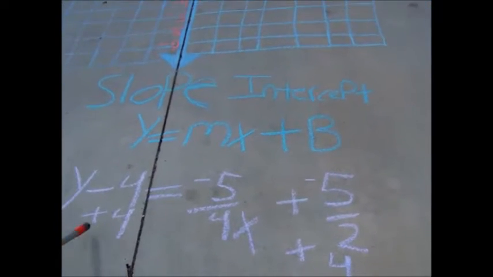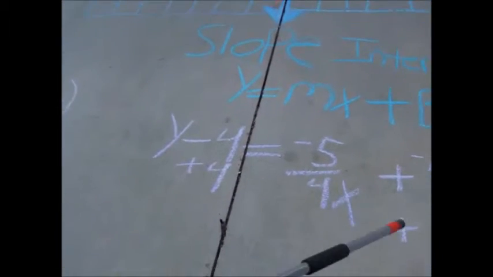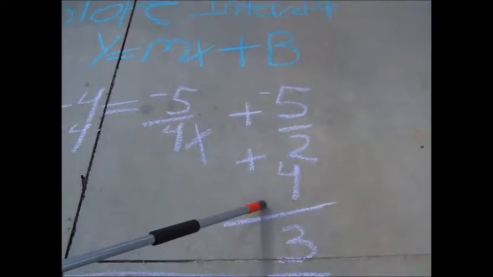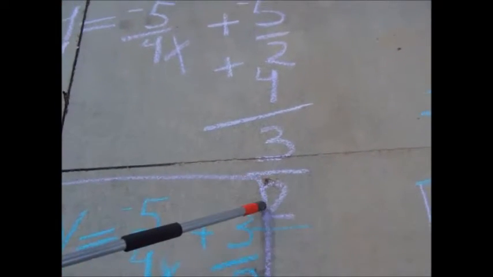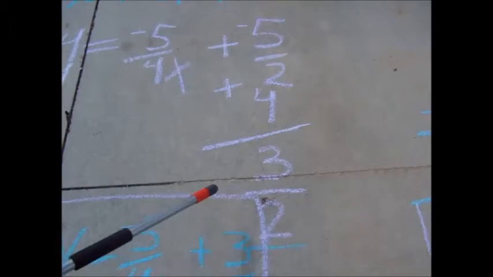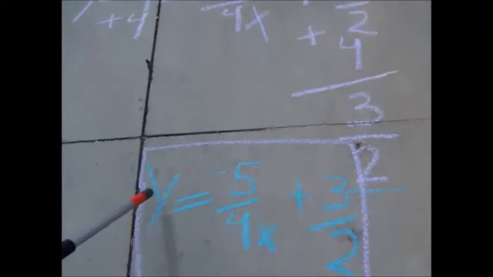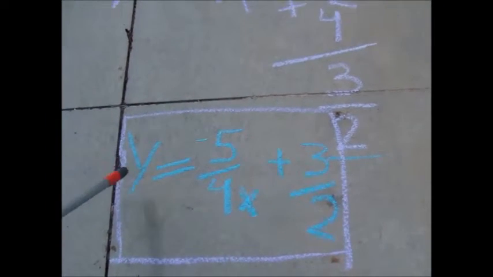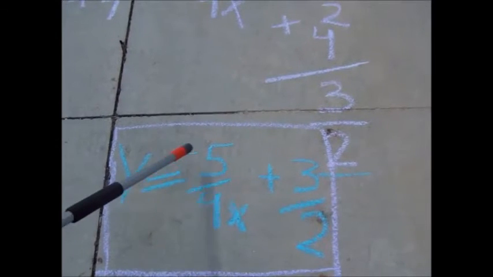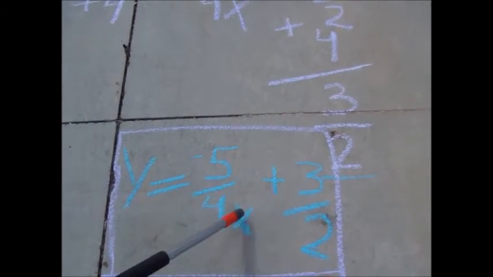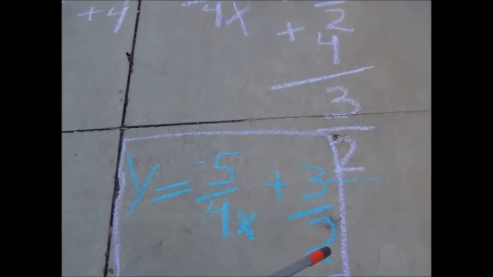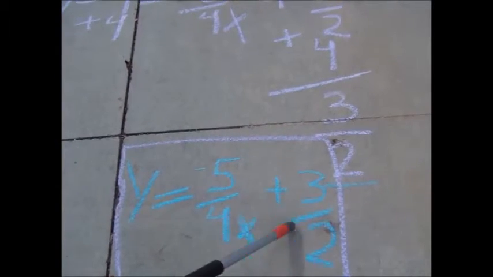You would then add the 4 on each side, and you end up with 3 over 2. You then write out the equation in slope-intercept form. Y equals negative 5/4 x plus 3 over 2.